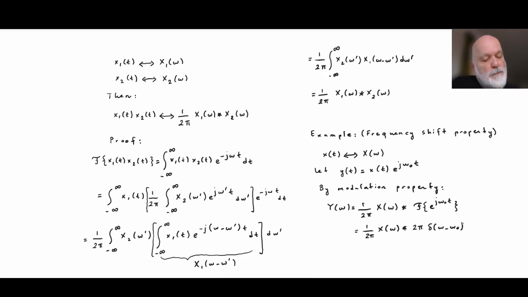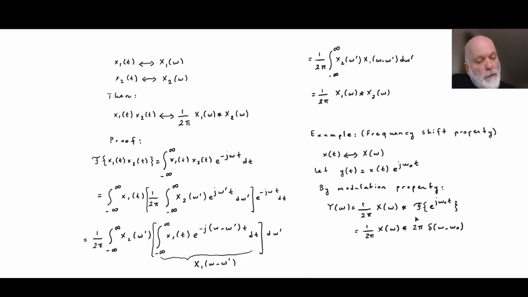Remember, Fourier transform is a measure of the frequency content of a signal. In e to j omega 0 t, the frequency component omega 0 is present with infinite magnitude, and all other frequencies are not contained.